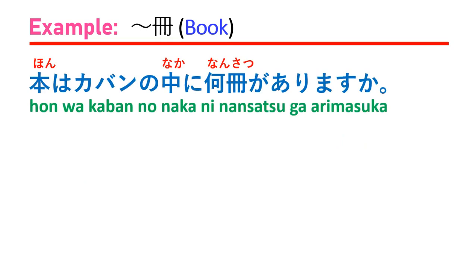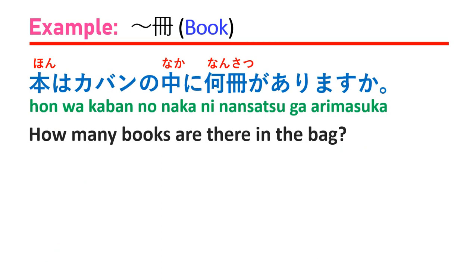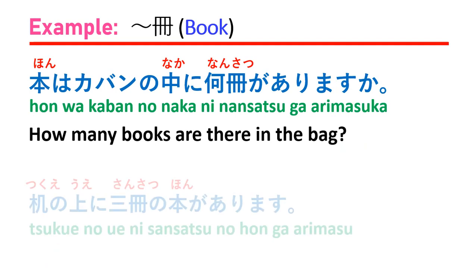Now let's see some examples of how to use the unit of satsu to count books. The first example. 本はカバンの中に何冊がありますか？Which means, how many books are there in the bag?